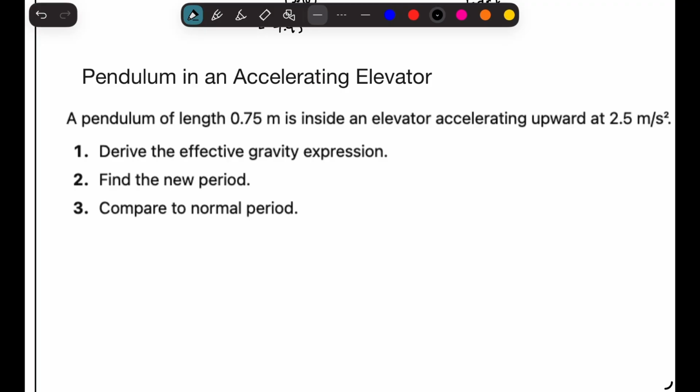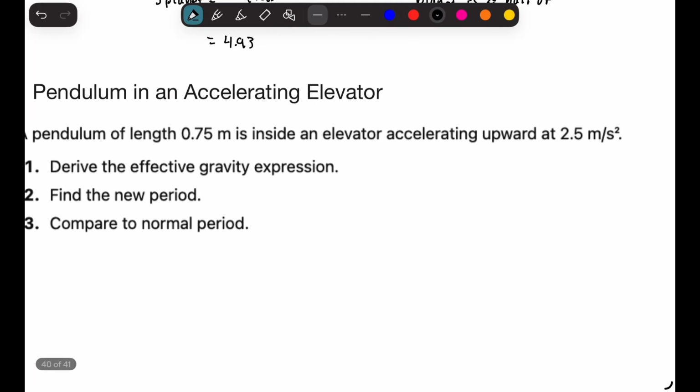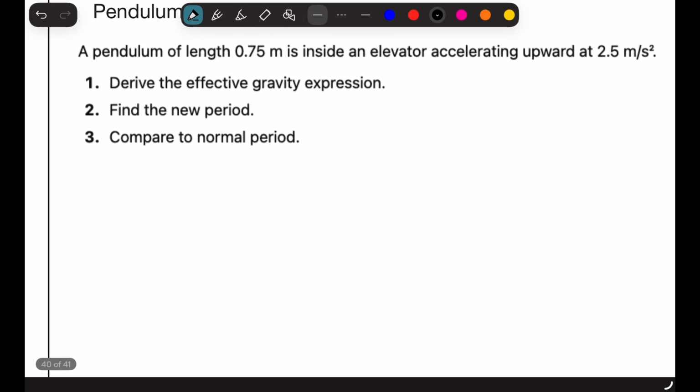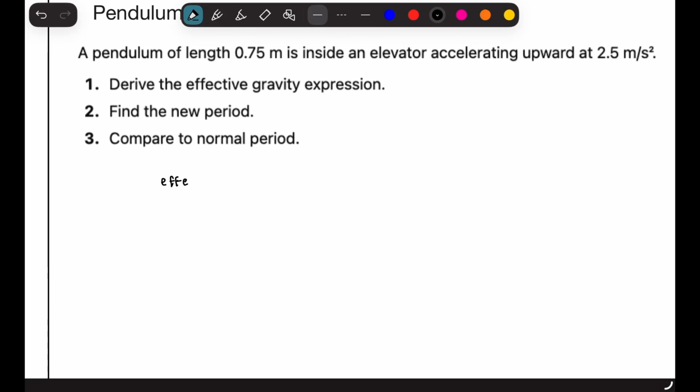Pendulum in an accelerating elevator. A pendulum of a length of 0.75 meters is inside of an elevator accelerating upward at 2.5 meters per second squared. Derive the effective gravity expression, find the new period, and compare to a normal period. Okay, so what is effective gravity? When you have effective gravity, that means you have a gravitational constant plus a consideration of another force that is accelerating that object.